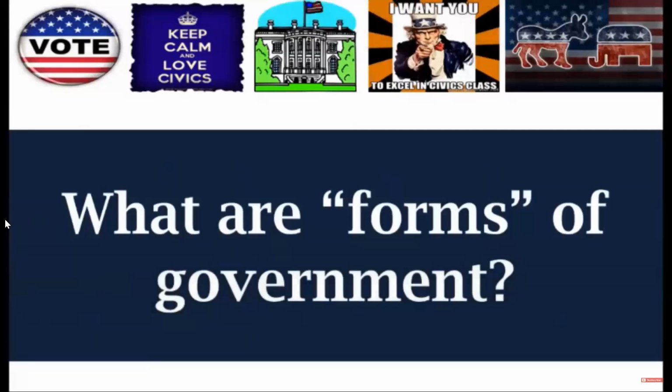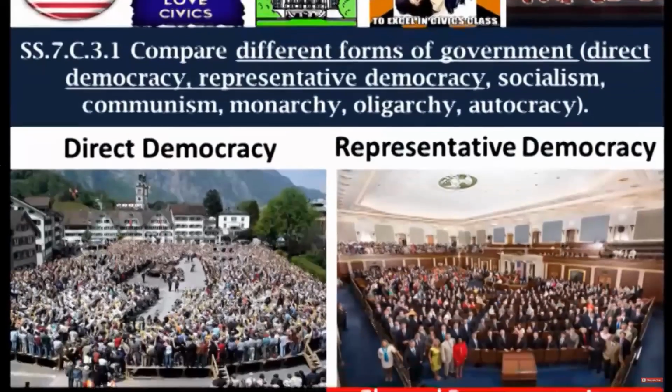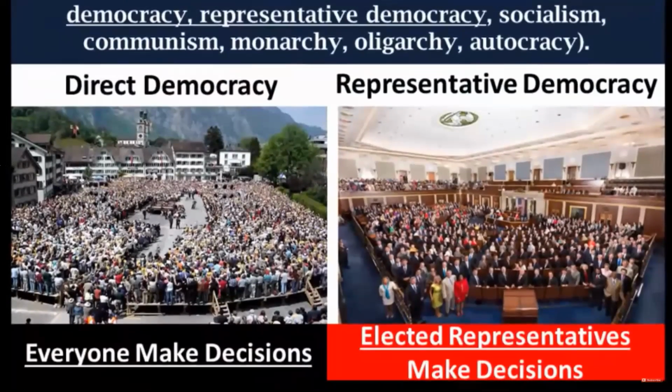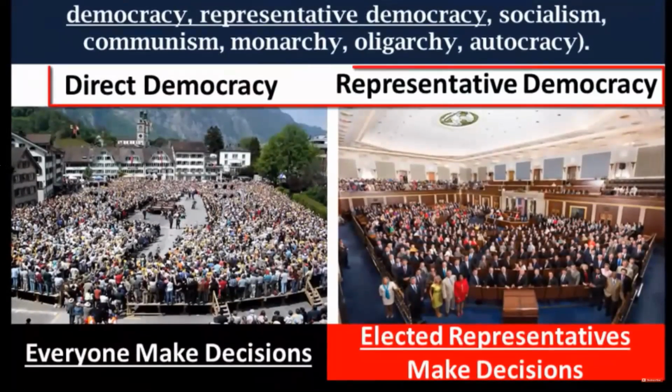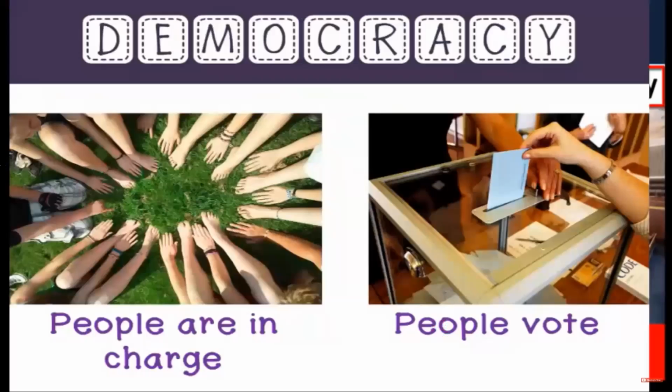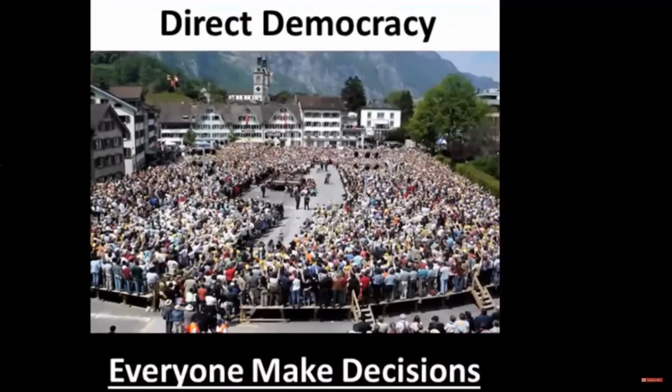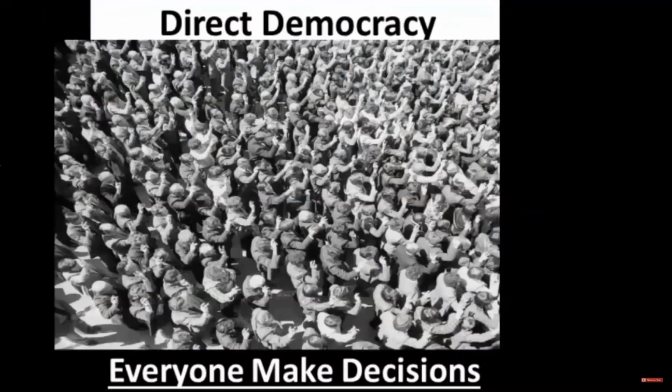First thing you need to know is different forms of government. This will explain who holds power in these governments and how they operate. The first two forms of government are familiar to Americans: direct democracy and representative democracy. Remember, democracy means the people are in charge. Democracy means voting. Direct democracy is where all of the people make the decisions for the state.